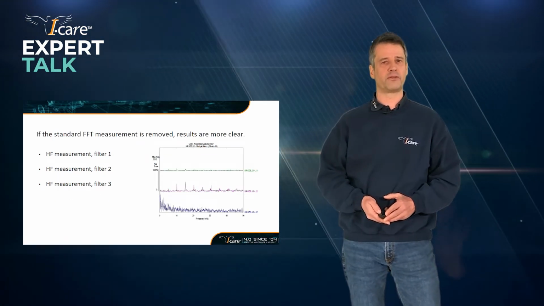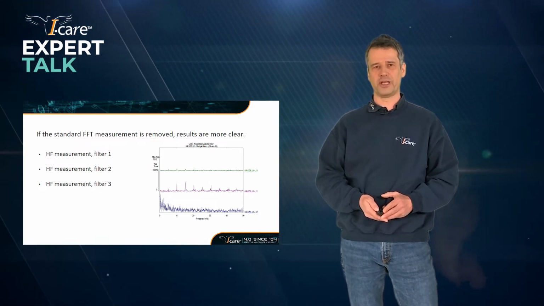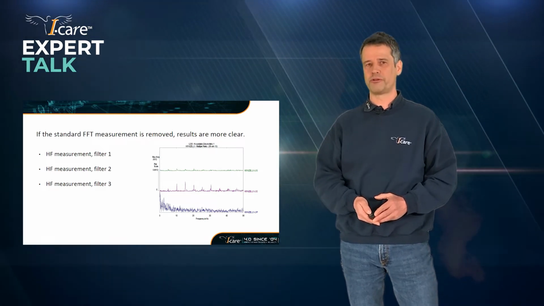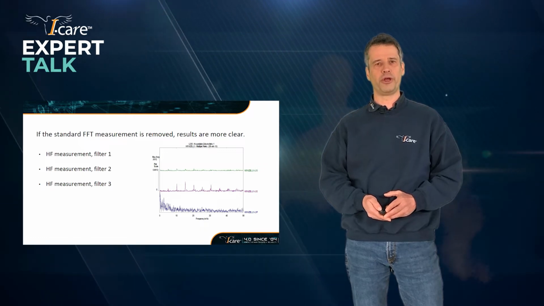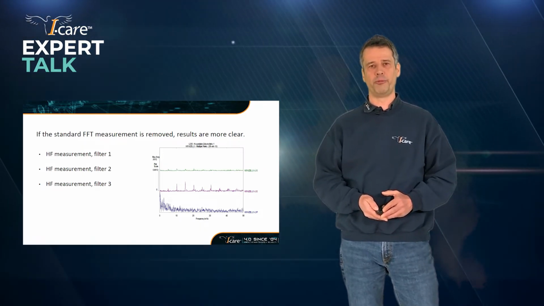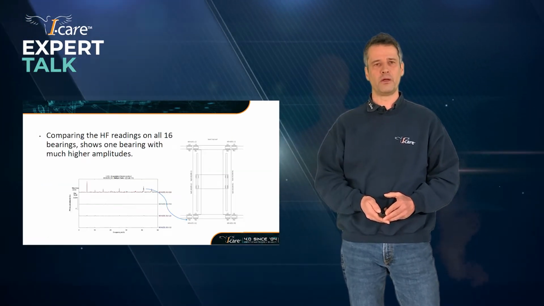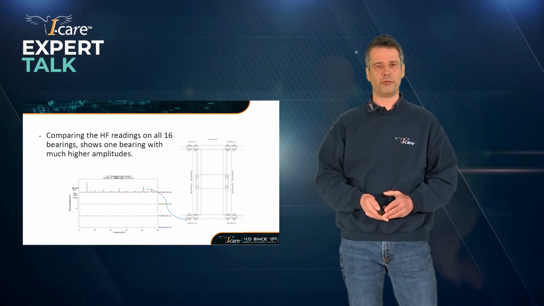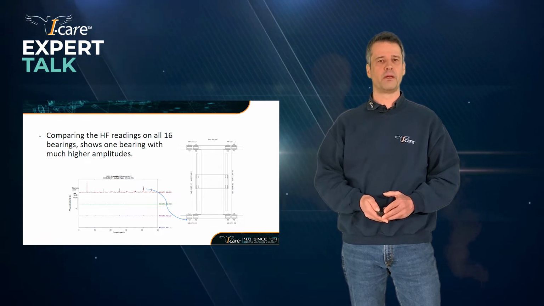We see here that applying different types of filter, one specific filter allows us to get a very clear image of the pattern that corresponds to a specific bearing defect on this crane. When we compare this measurement to the other measurements using the same technique, but on the bearings close to the defective one on the crane, we see that the difference in amplitude clearly indicates which of the bearings is potentially the one that has a defect.